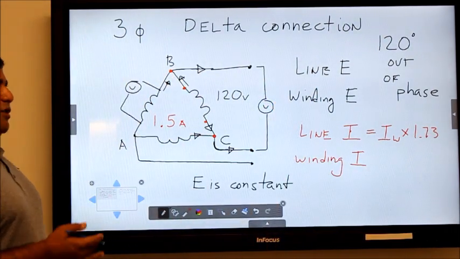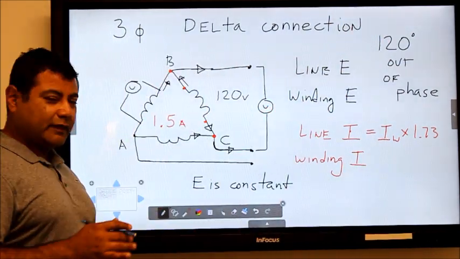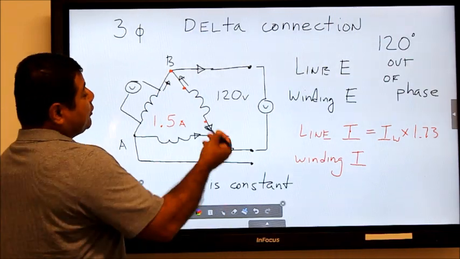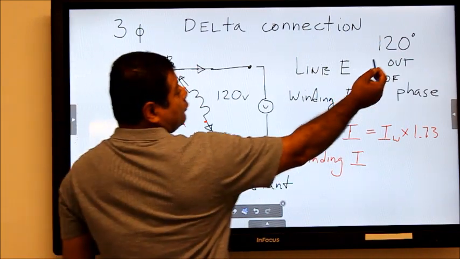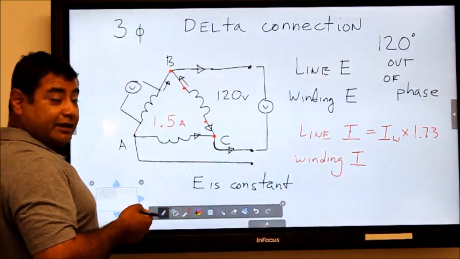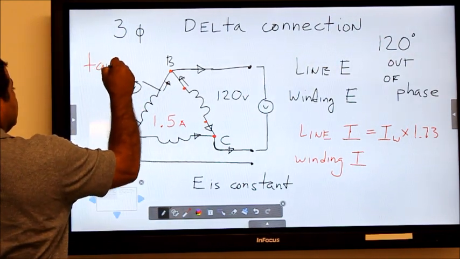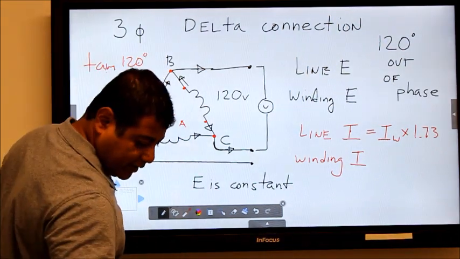Now you're wondering, wait a minute, where does this number come from? 1.73, going crazy. Well, it has a little bit to do with trigonometry. Remember that each one of the phases that come through the AC current, they're 120 degrees out of phase. So knowing that they are 120 degrees out of phase, if you just take the tangent of 120 degrees, go ahead and do that in your calculator.